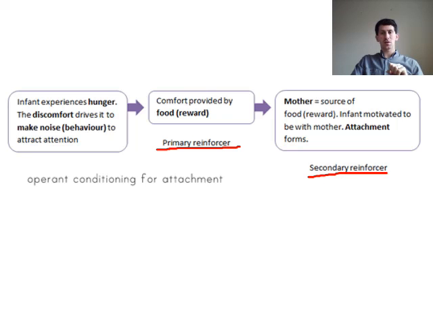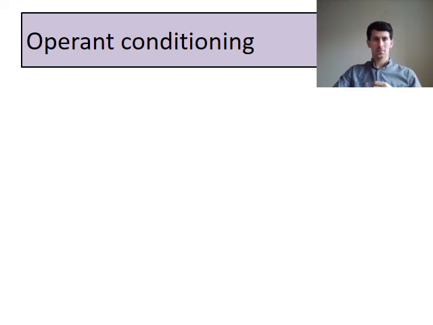Then we have the secondary reinforcer, who is the mother, because they're the source that brings the food to the infant. This is what causes the attachment to begin. The child associates the mother with the food and the reward, so starts to form an attachment with that particular caregiver.